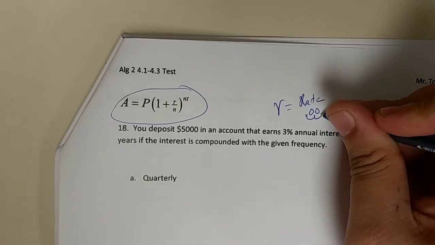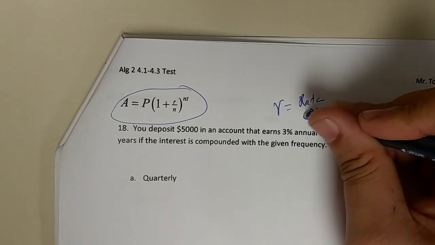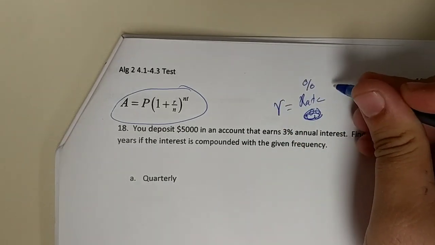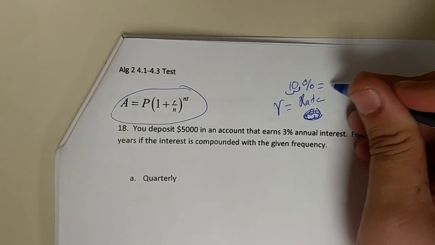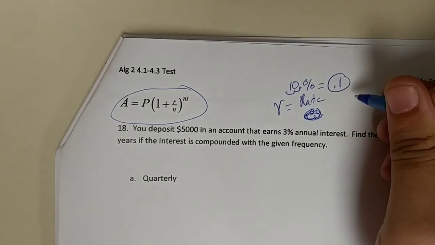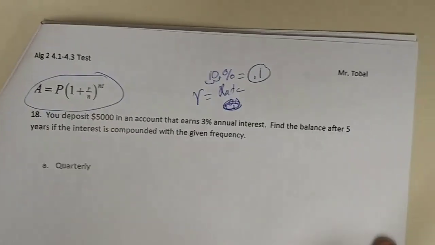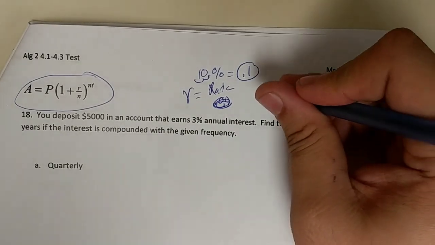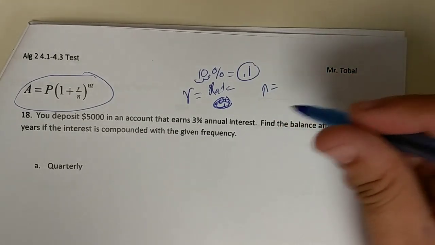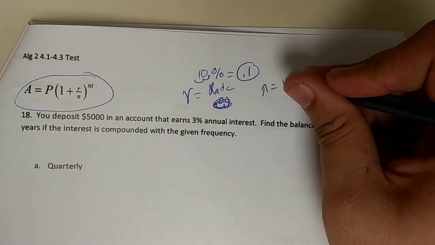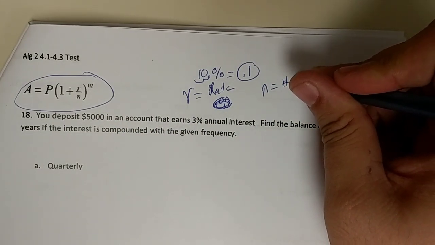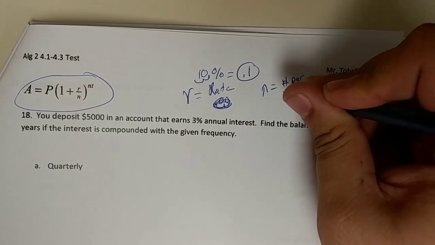If you get a percent, like 10%, you have to move the decimal twice to make it 0.1. You need to change it to a decimal or you won't get the right answer. And trust me, I'm going to put one of the fake answers as if you didn't. N is how many times per year. Number per year.